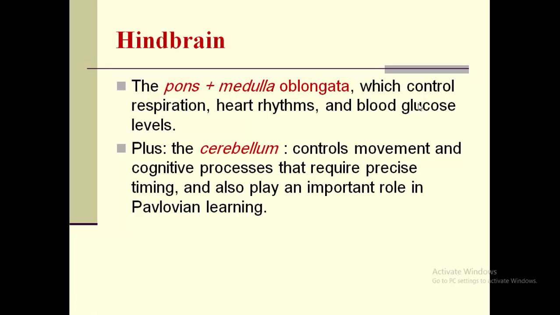These are the vital centers in the human, like the respiratory center, heart rhythms, and blood glucose levels, which are all adjusted at this level, controlled by the pons and the medulla oblongata. You add to this the cerebellum, which controls movement and cognitive processes that require precise timing.